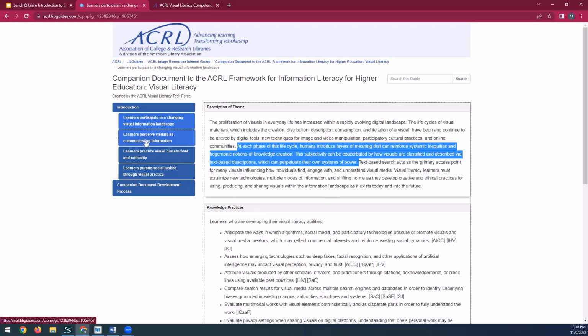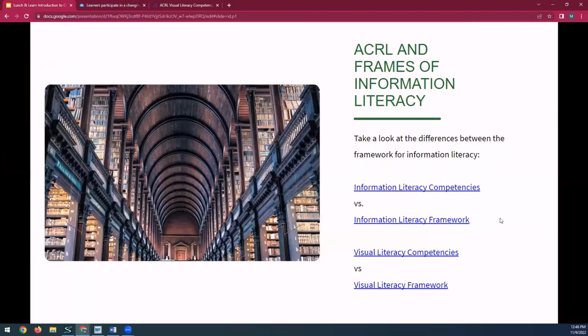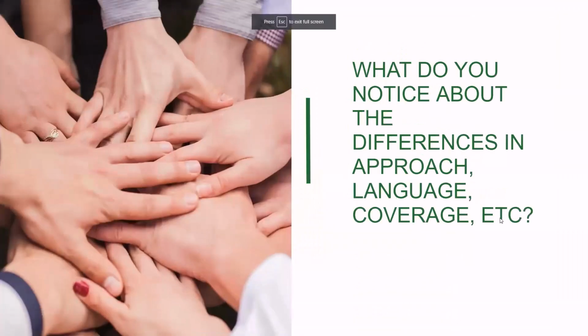Not just visually what they see, but also the descriptions of those images. So you can see that there's a lot of difference in the language. As you read more into the documents themselves and the links themselves, you will see a huge shift. There is a lot of different content, a lot of different coverage.